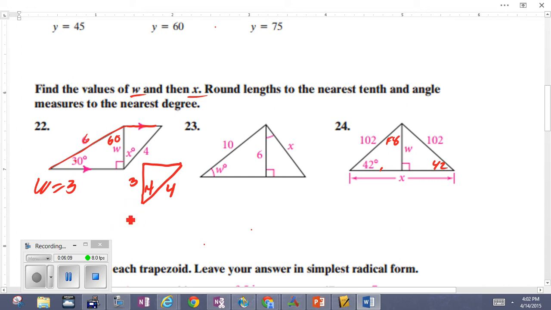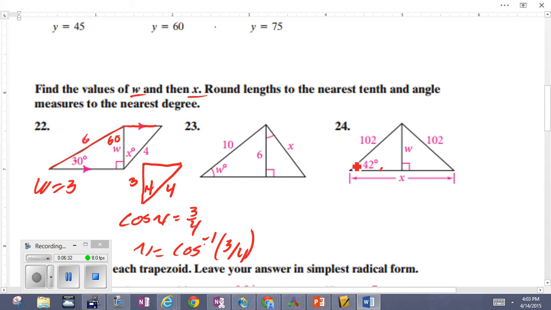So we're going to use the cosine of X and say that that is equal to 3/4, or X equals the inverse cosine of 3/4. And you can of course find that. Let's go over here to 24 next and see how we're going to set that up.